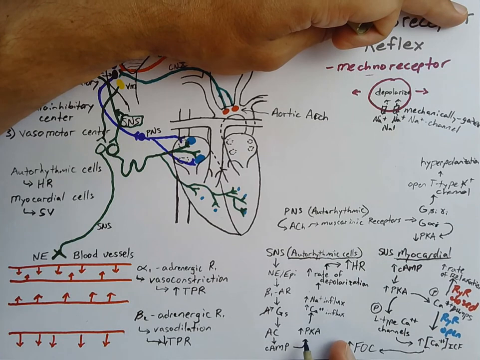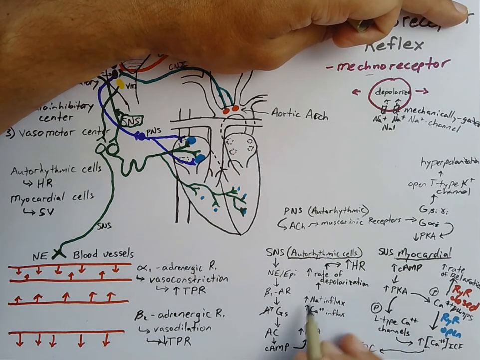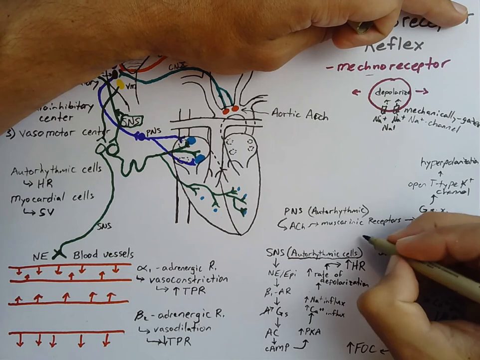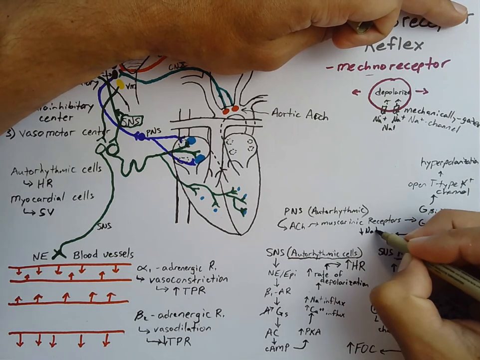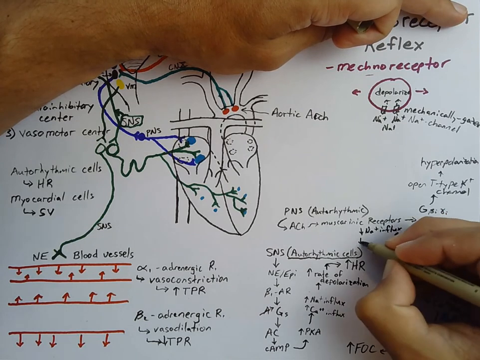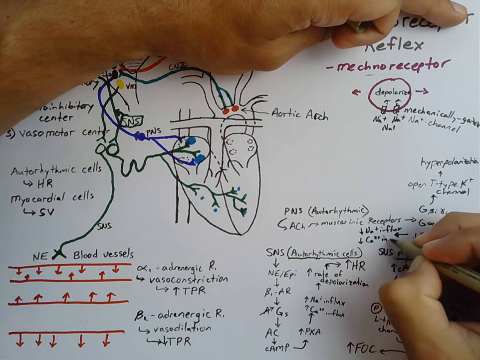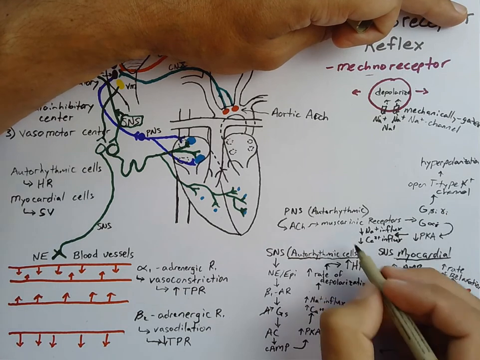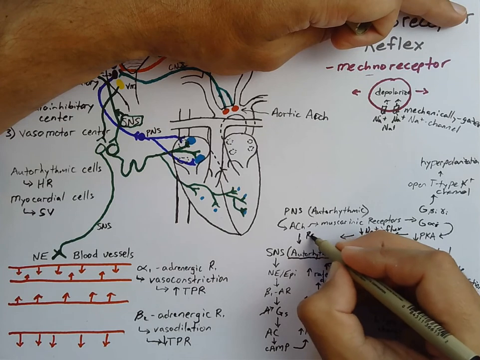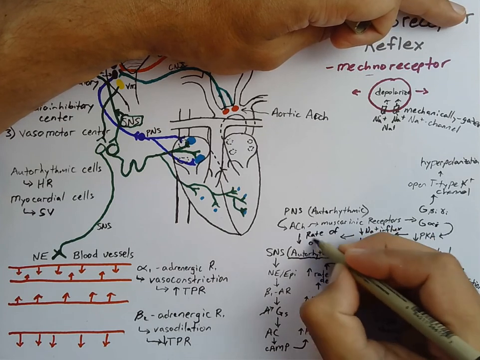And as you decrease PKA function, you're going to close those funny channels, those T-type calcium channels, and that is going to decrease sodium influx. It's going to decrease calcium influx, all of which is going to decrease the rate of depolarization.